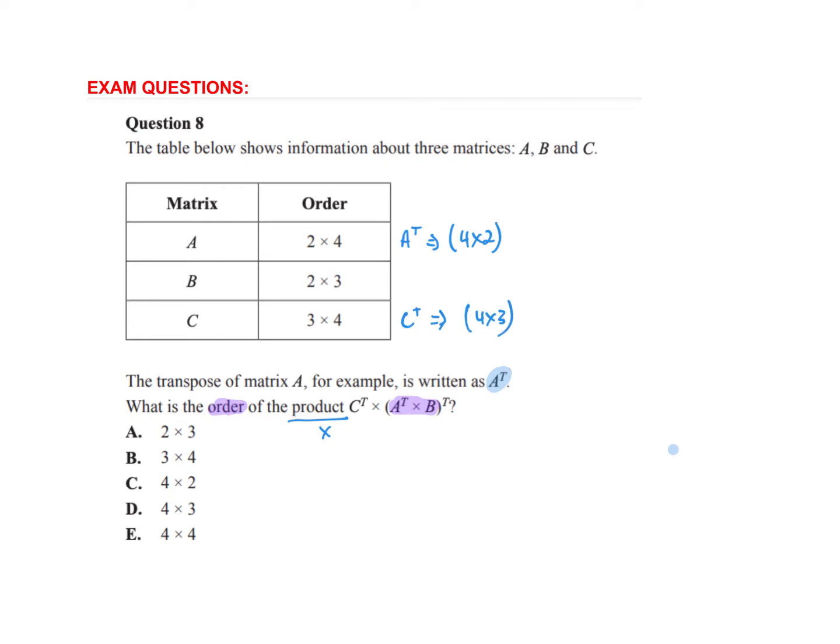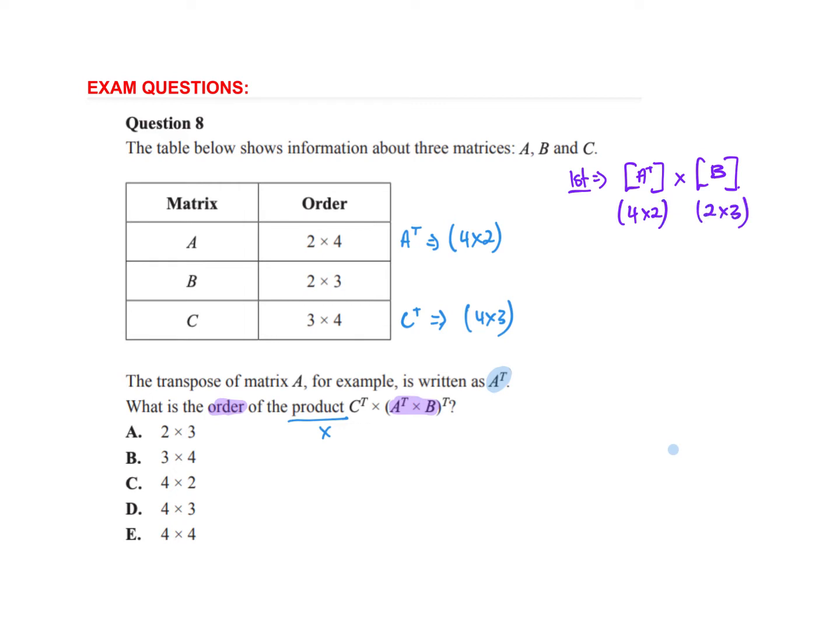So the first part I'm going to do is matrix A transpose multiplied with matrix B. I'm just looking at their orders because we're only interested in the order for the answer. So this one's order is a 4 by 2 and B is a 2 by 3.